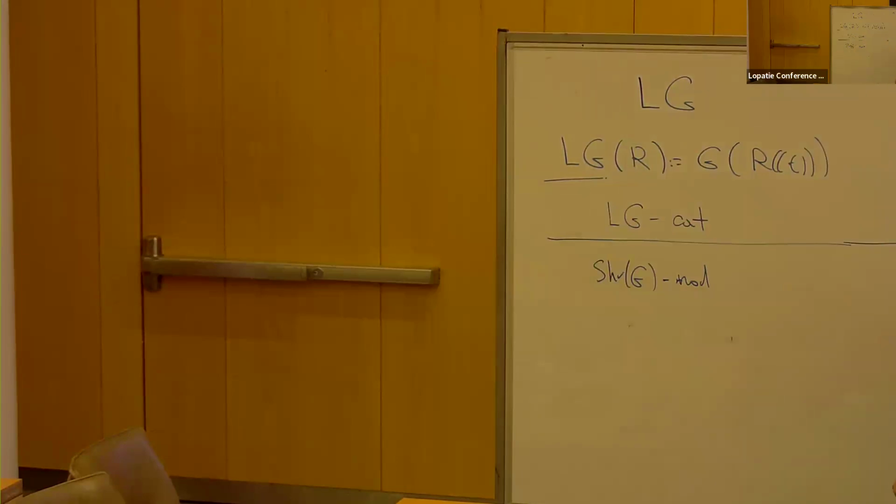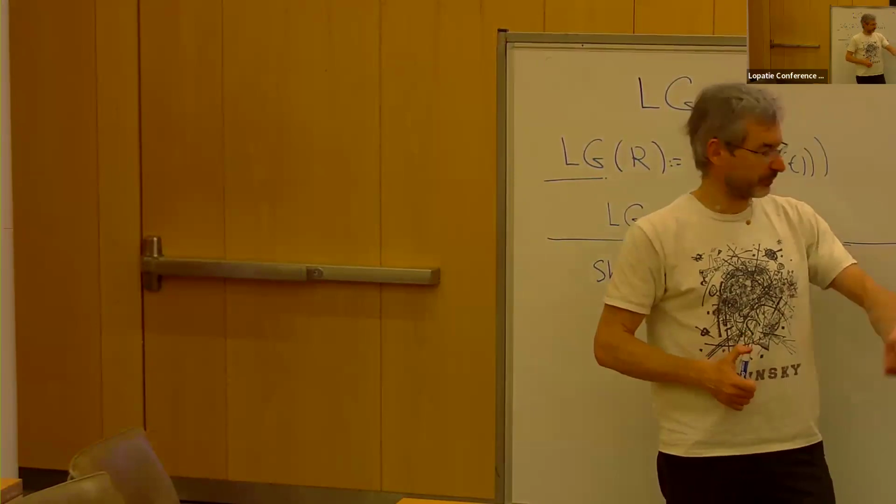So the lemma is the following: an object C in G-mod restricted splits as a direct sum of isotypic components by character sheaves.